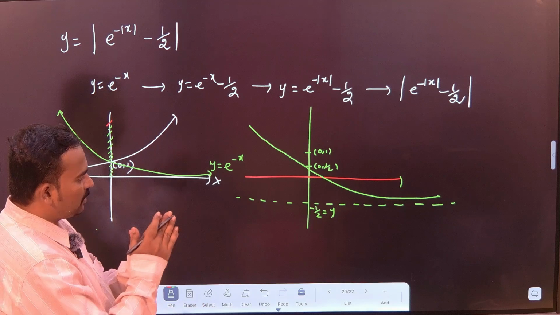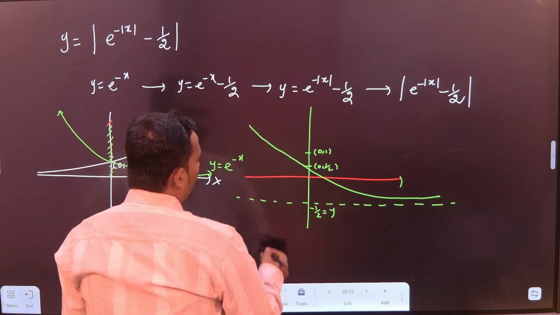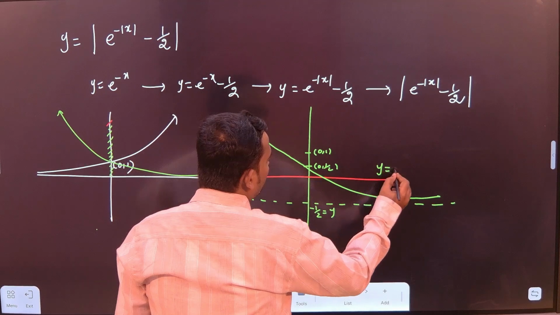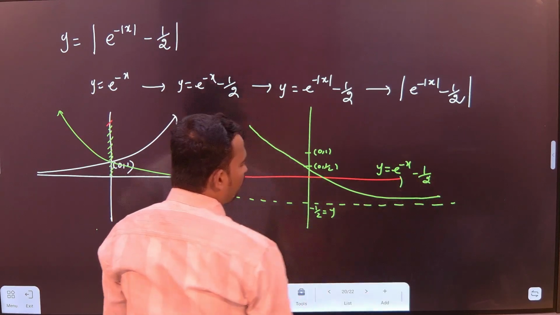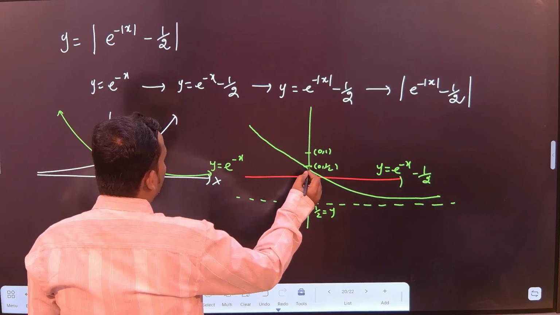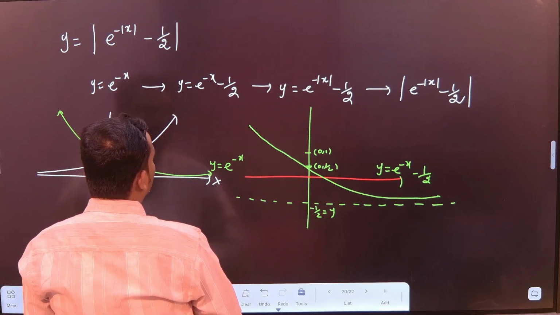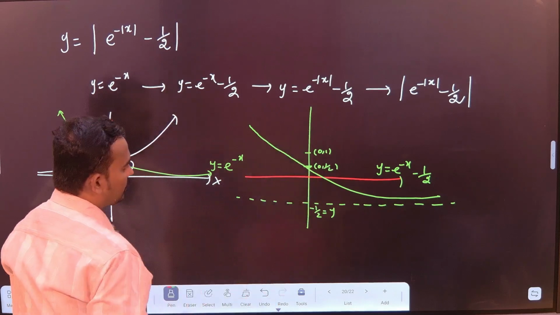Clear? You shift half units down. This is your y is equal to e power minus x minus 1 by 2. Clear? From here, you have to shift half units.